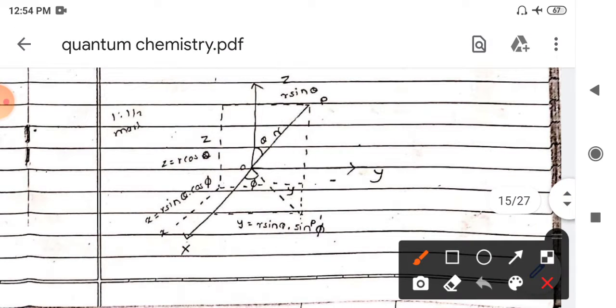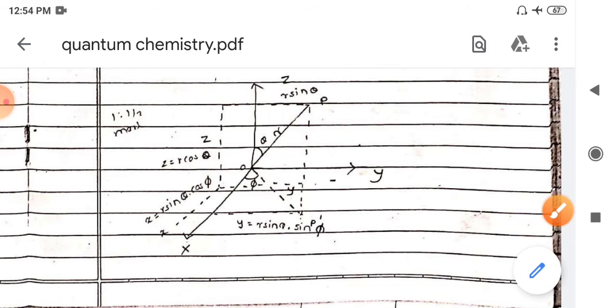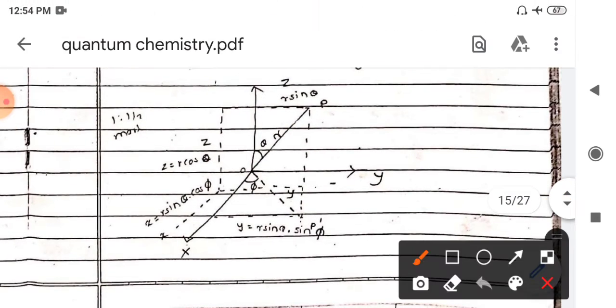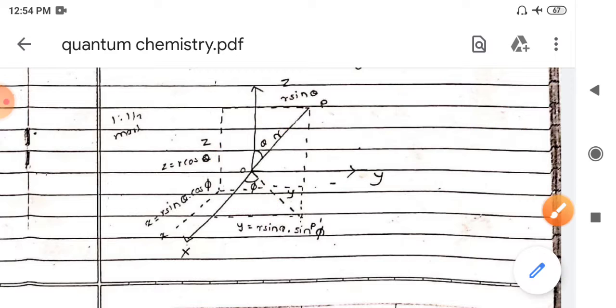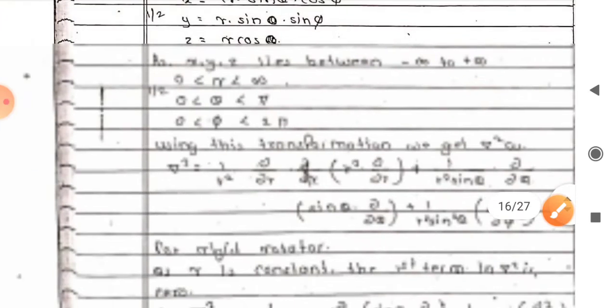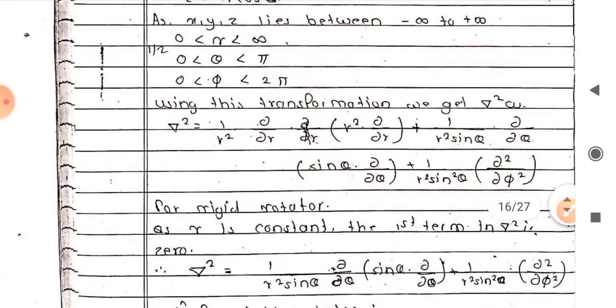And for phi, if the projection is made here, the angle can have various values ranging from 0 to 360 degree, or simply 0 to 2 pi. So this is the range of the various variables.